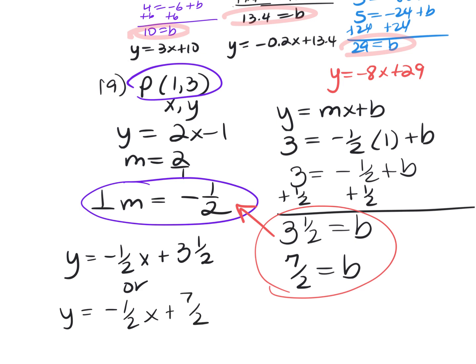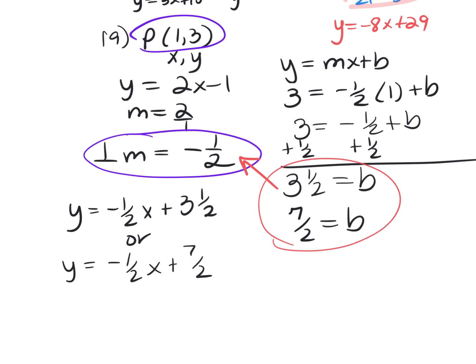You might also see it written as a decimal. I could make it negative 0.5x plus 3.5. So be able to recognize all the different forms if you're ever presented a question like this in a multiple choice setting.